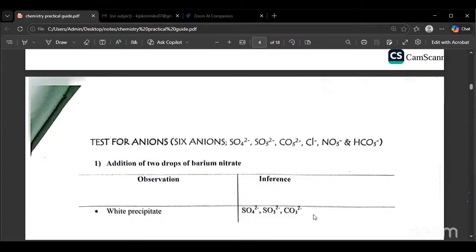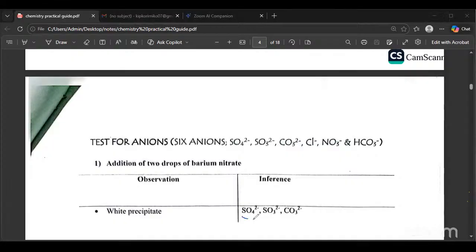For example, I normally advocate, because these two, sulfates and sulfites, are sisters, that you write both and you will get the whole mark. So it is sulfates and sulfites present, because sometimes you can be in a hurry and forget that. Is that okay? So we proceed. If you are given barium nitrate, you know that you are testing for sulfates, sulfites, and carbonate.